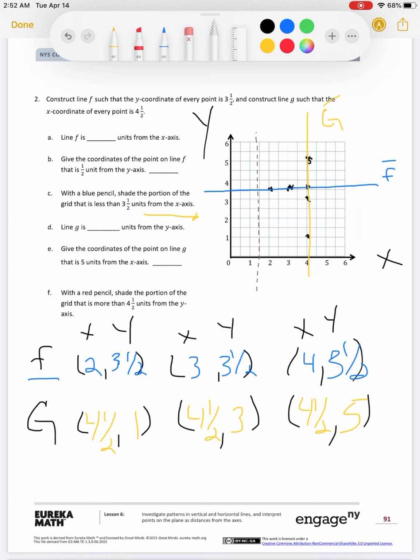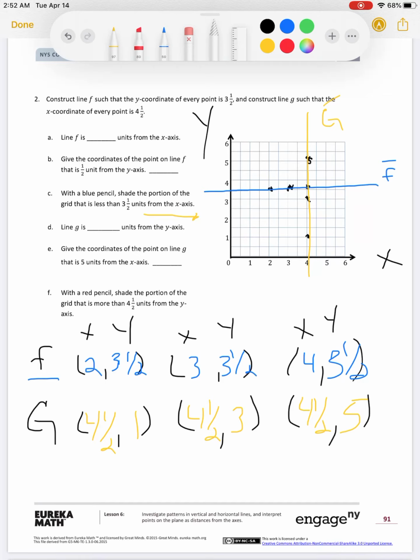So you can kind of look at it as we're going to the 3.5 on the y-axis, right? So we're moving 3.5 from the x-axis, which means I have to start at the x-axis, which is here, and move away from it. We're moving up away from the x-axis. So it's almost as if we were going up to 3.5 on the y-axis, which is there.